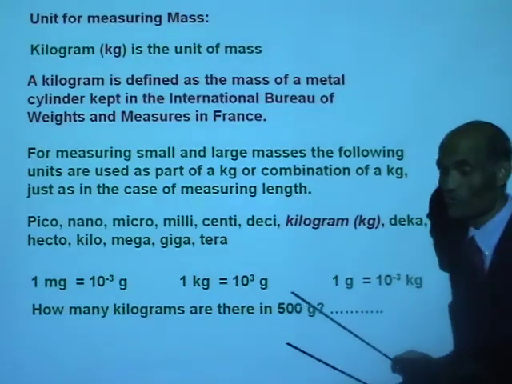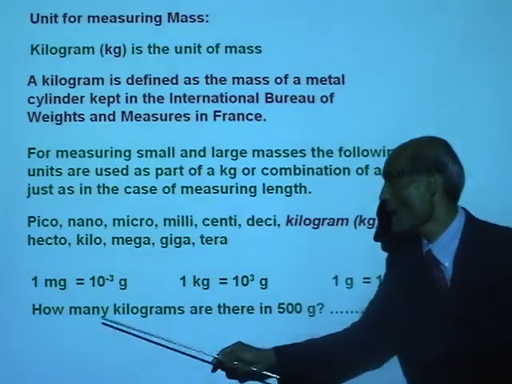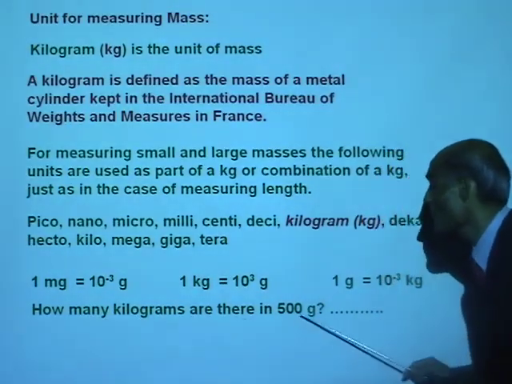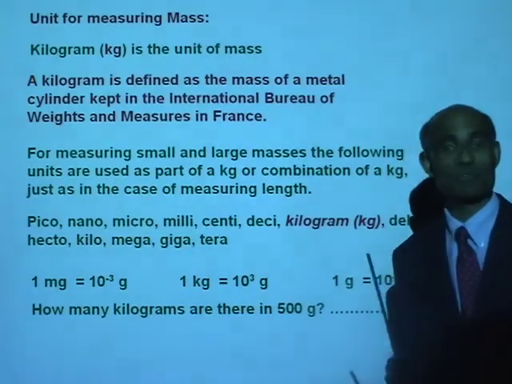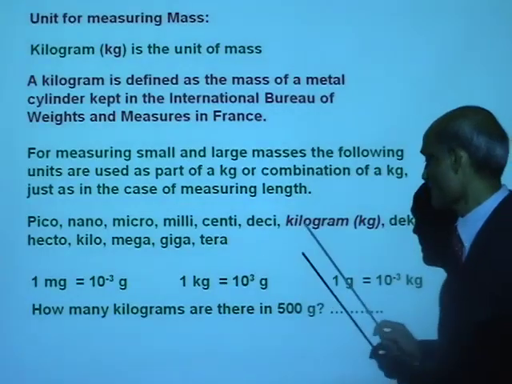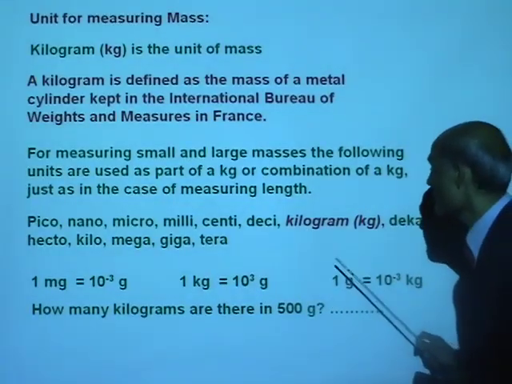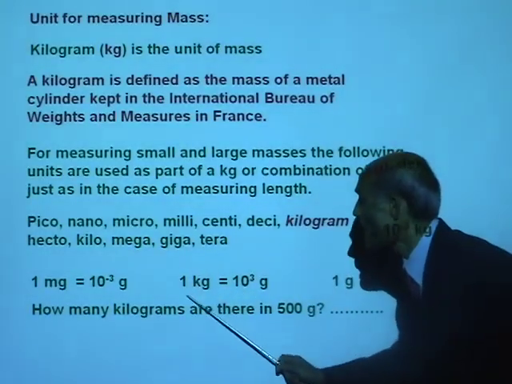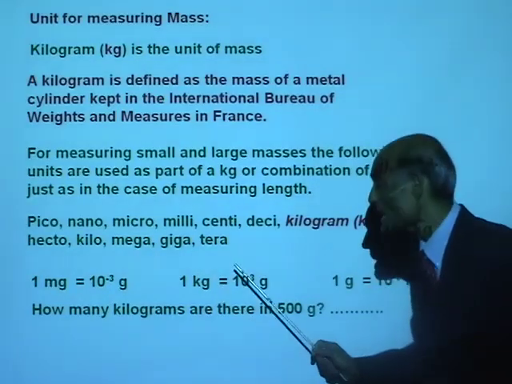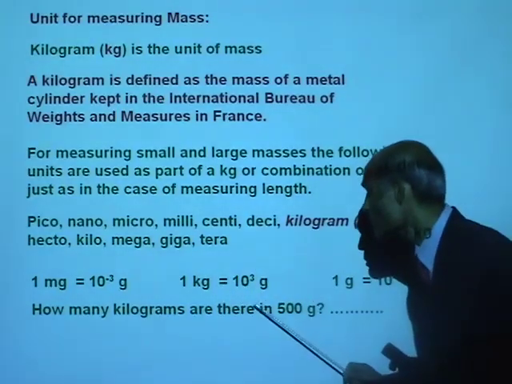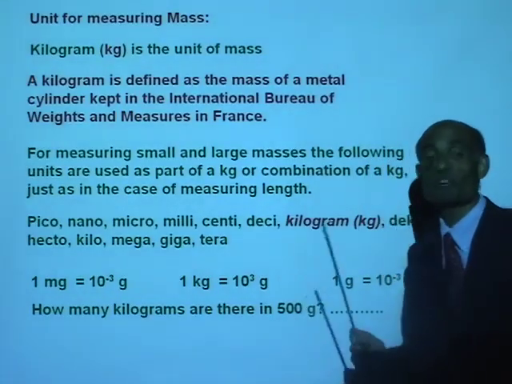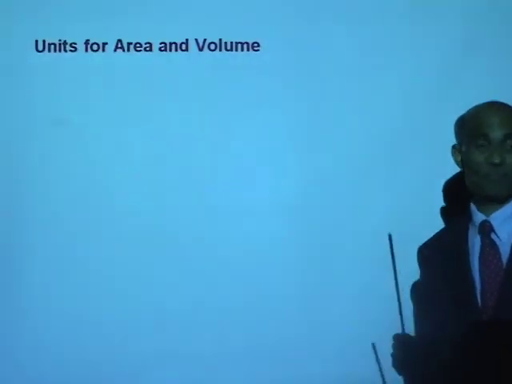Okay, the next question for you to add, how many kilograms are there in 500 grams? I want to see how many of you will get that right. If 1 kilogram contains 1,000 grams, how many kilograms are contained in 500 grams?